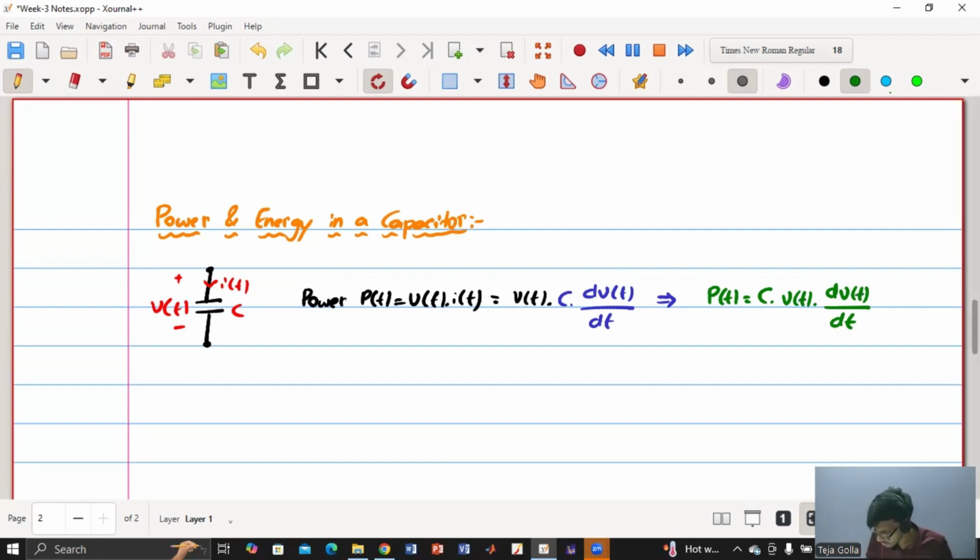Can it be positive and negative? Is there any scenario where this can be positive, or any scenario where this is negative? Any comments or any idea? What do you think?